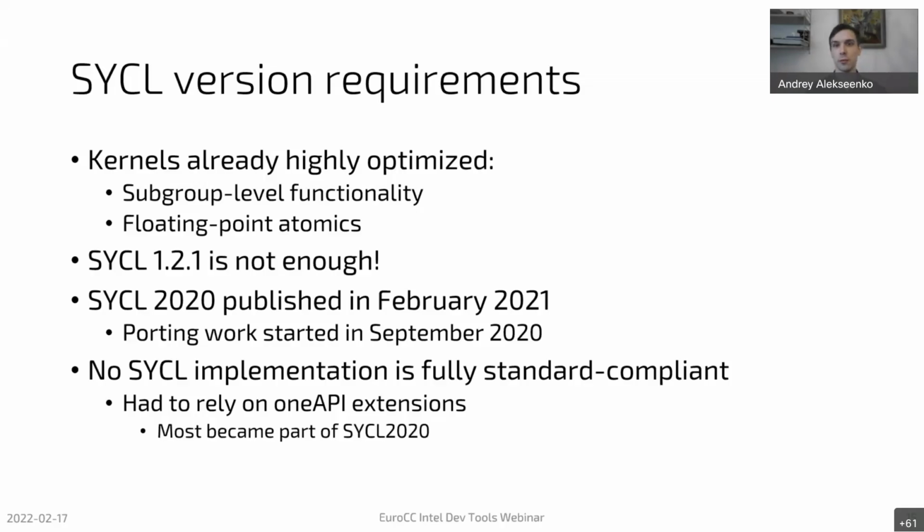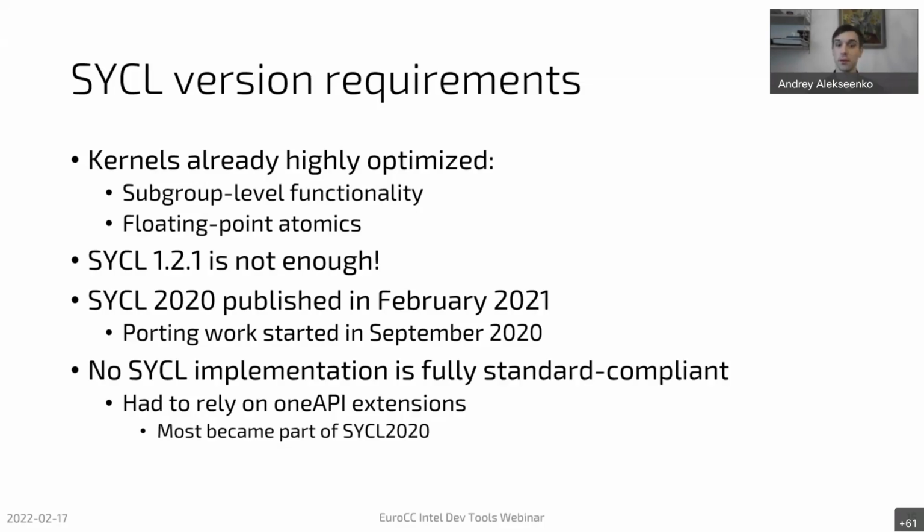And one API was our main goal, so we decided to look at the draft of SYCL 2020 to try to stay more or less, when possible, compliant with the current SYCL 1.2, but when needed, when it couldn't be helped, we used oneAPI extensions.